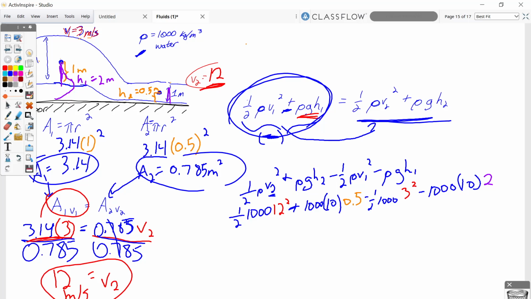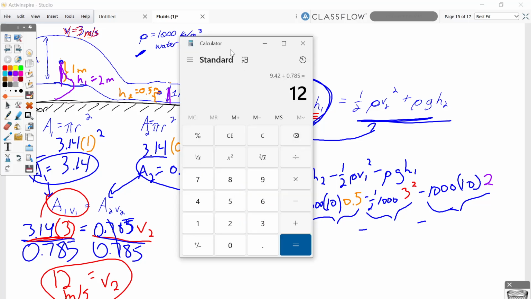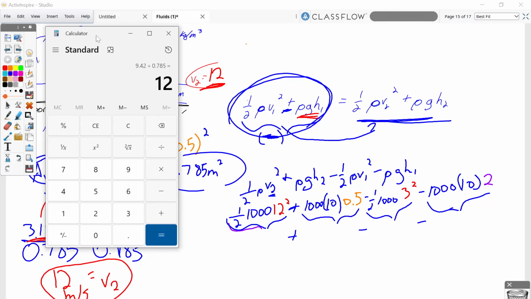Okay. All right, so now we're going to go ahead and let's solve this. Let's break it apart. Let's do this part first, and then this part next, minus this part, minus this part, okay? So well, let's let the calculator do the work. So 12 squared times 1,000 divided by 2.